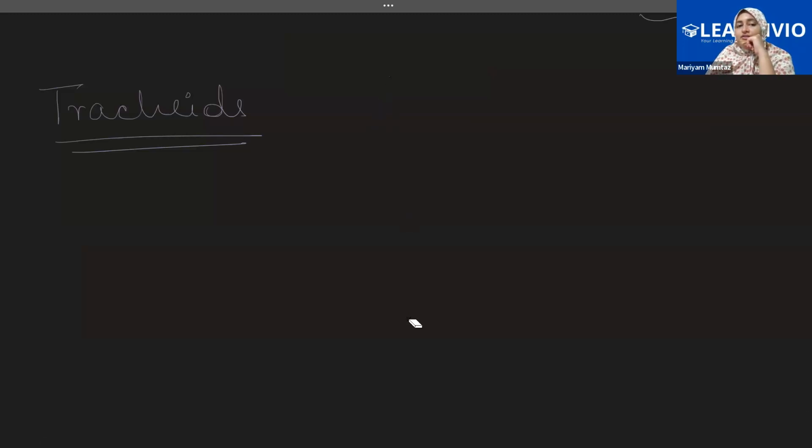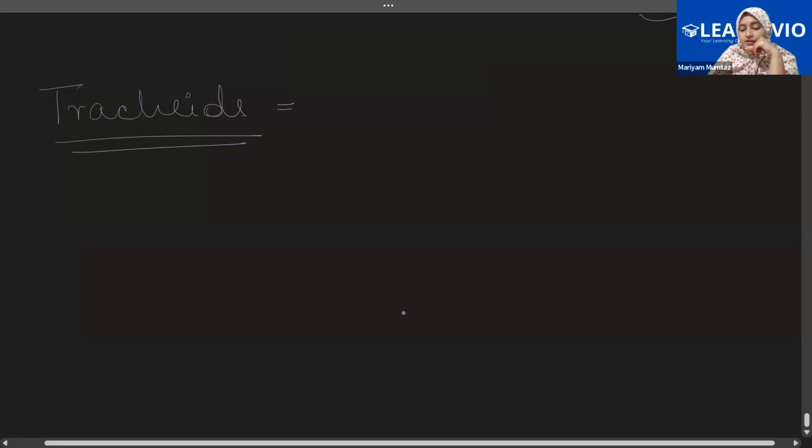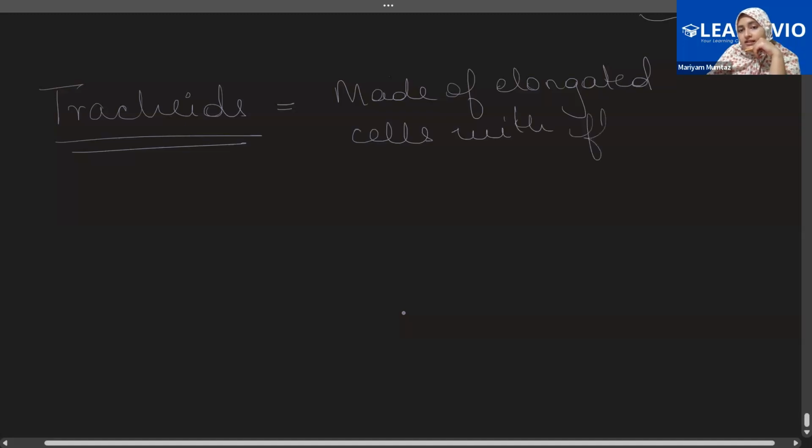So talking about their characteristics, we'll write that they are made of elongated cells with flat and tapering ends.